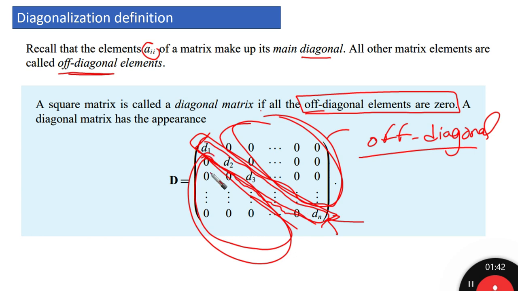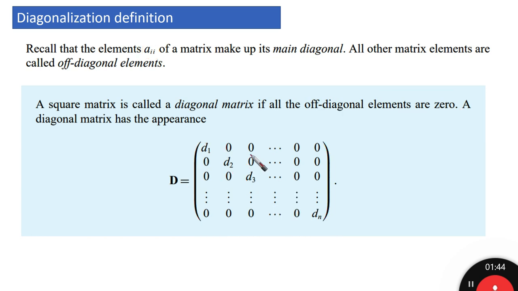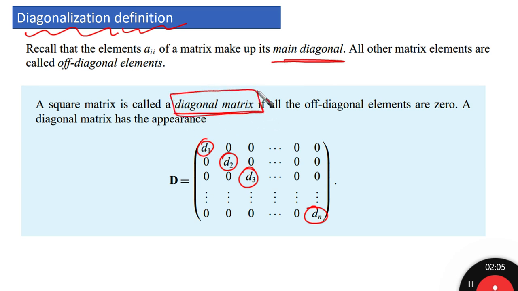These are the only elements having numerical values, and the other ones, the off-diagonal elements, are zeros. So this is the definition of a diagonal matrix, or its shape and appearance.